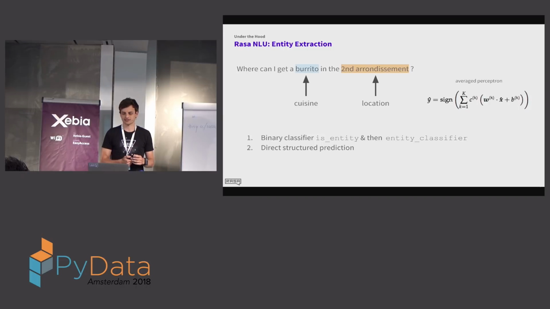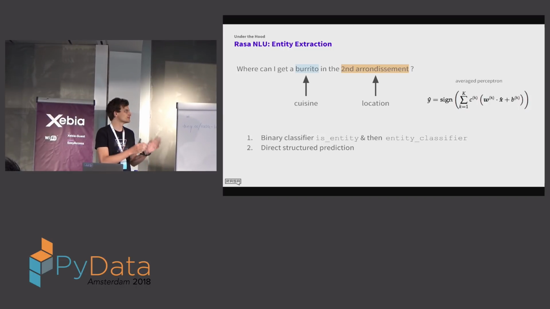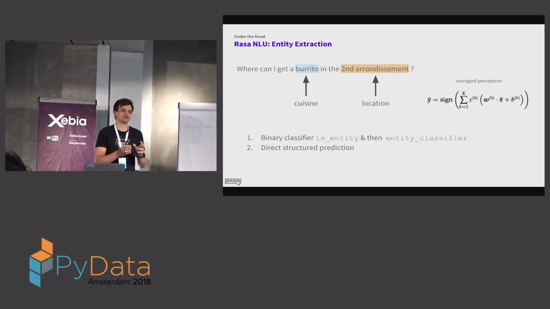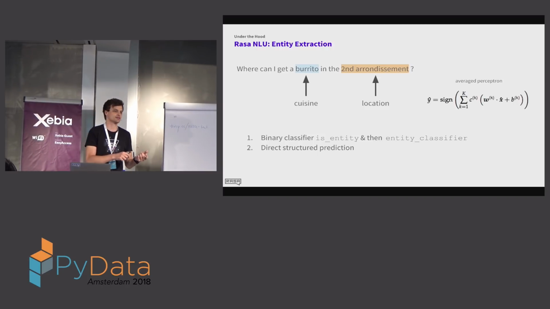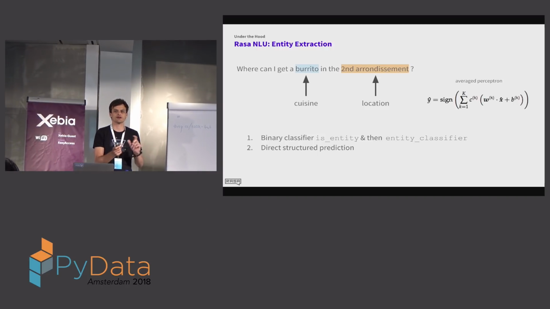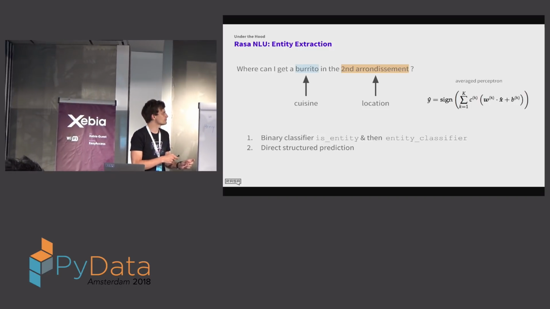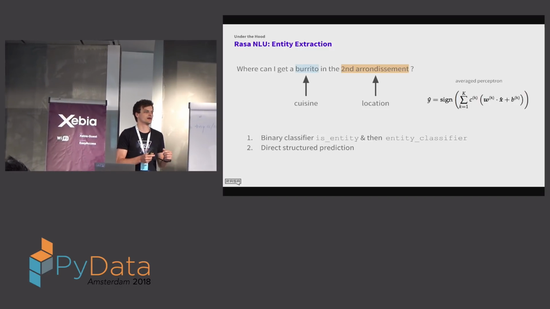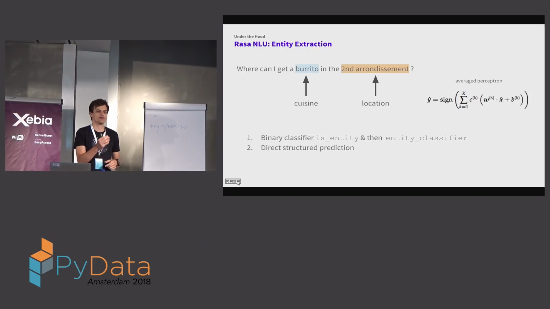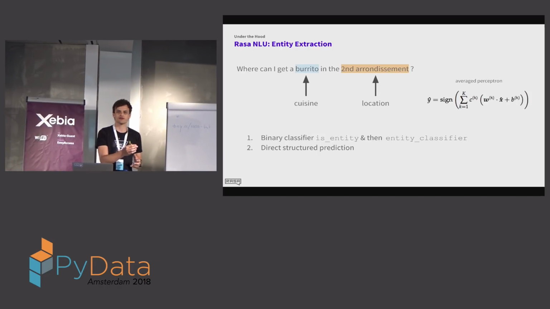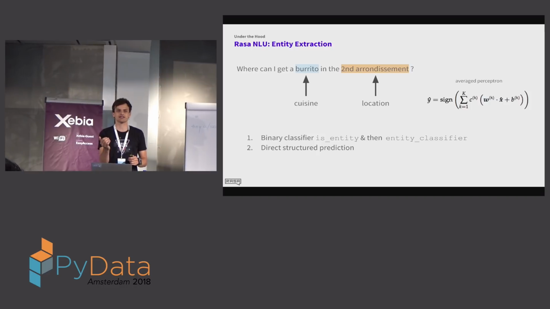Better is a direct structured prediction, where you go through the sentence, look at each token one after another, and the prediction for the current token is influenced by the surrounding words. Because it is more likely, in our street case, where the middle word, maybe San Francisco, is tagged with a city, that the surrounding token is an address.